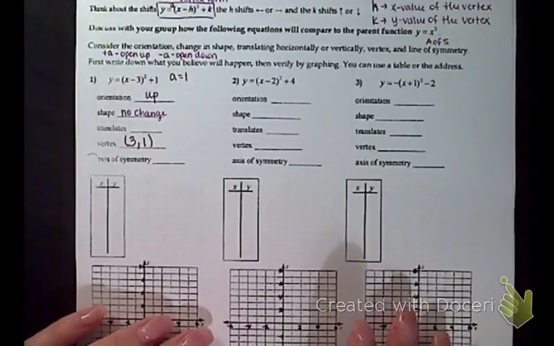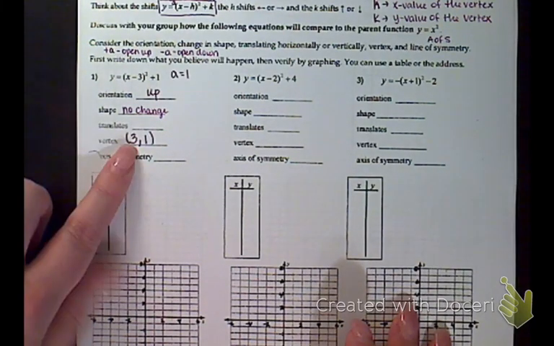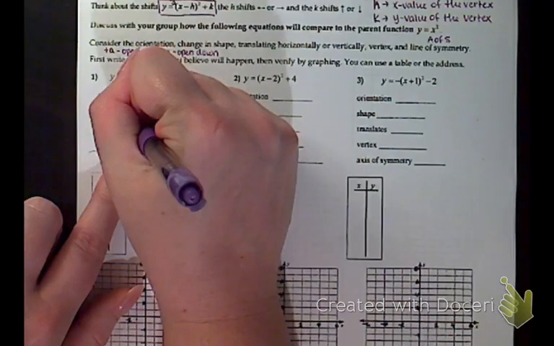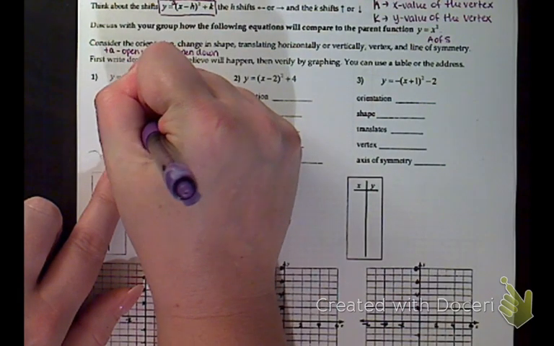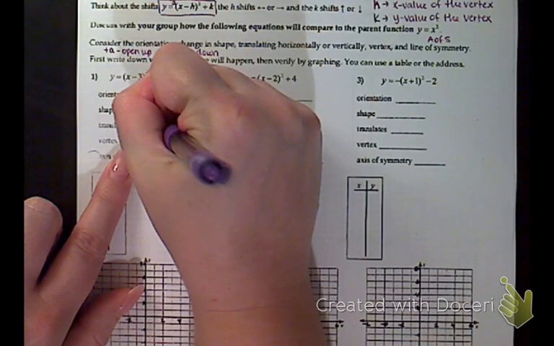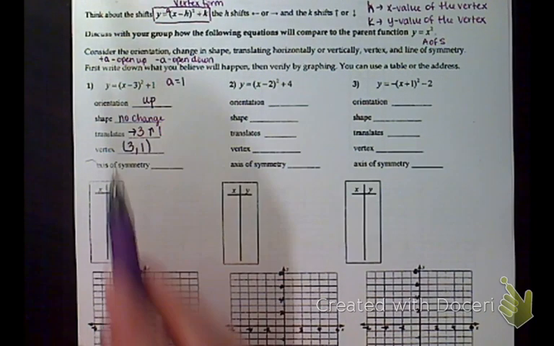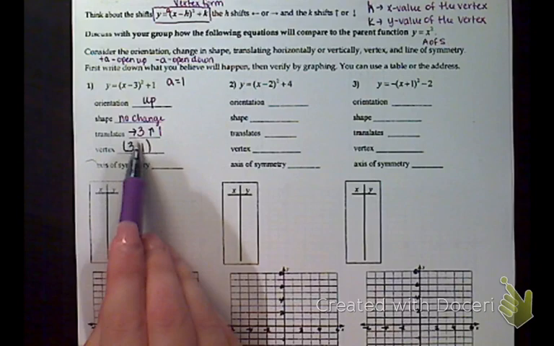So 3, 1. Which means from my parent function, I went to the right 3, and I went up 1. Because my parent function, my vertex is at 0, 0, right? So if I start at 0, 0, I'm going to move to the right 3 and up 1 to get this new vertex.